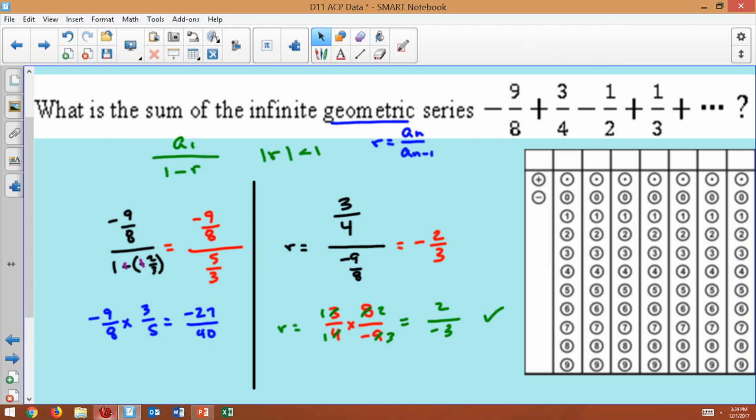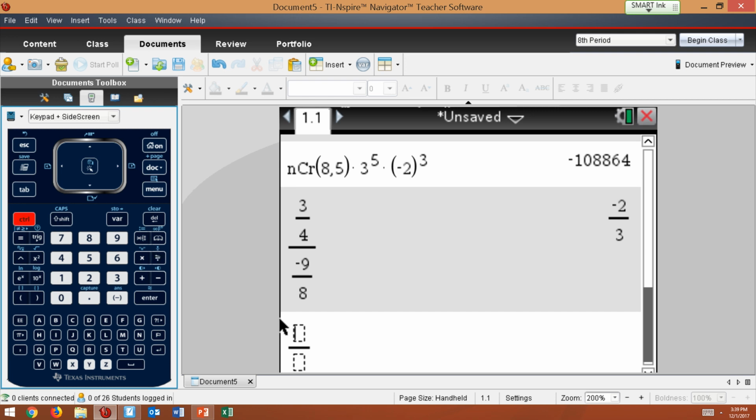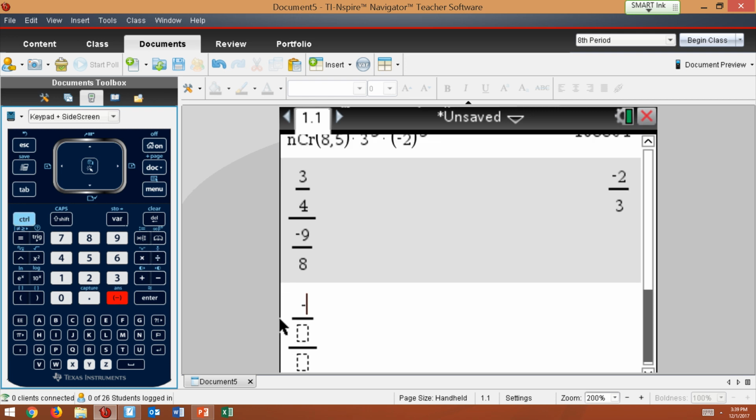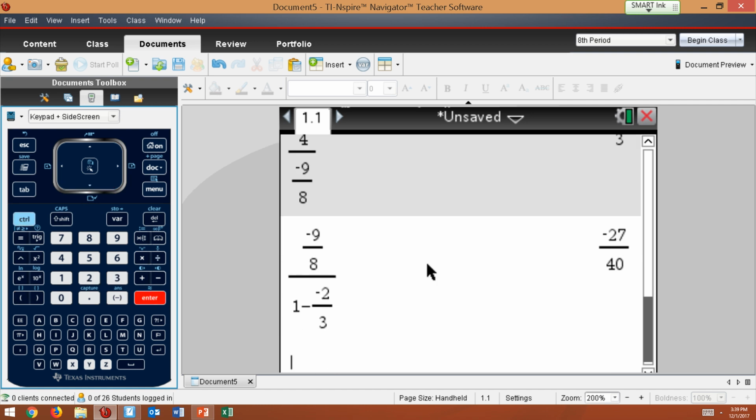We're going to take the negative 9/8. So I have a fraction, and the top part is another fraction, negative 9/8, and that's going to be divided by 1 minus, or divided by rather, negative 2/3 for our r. And it is negative 27/40 like we had.